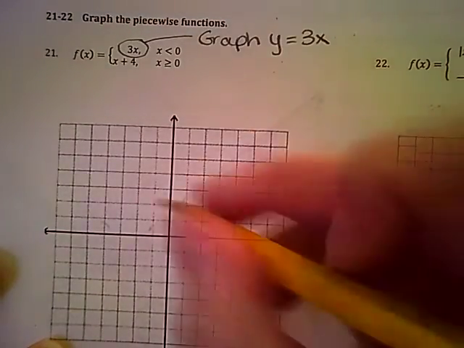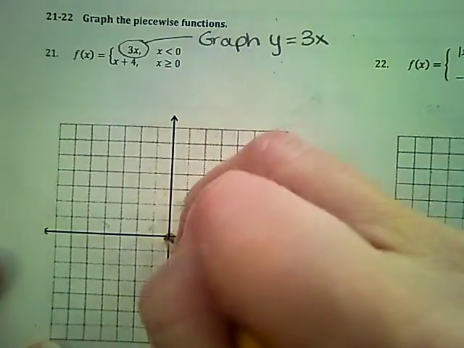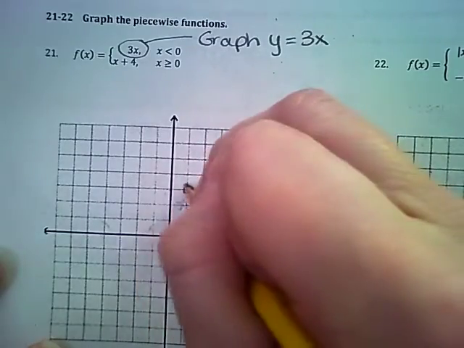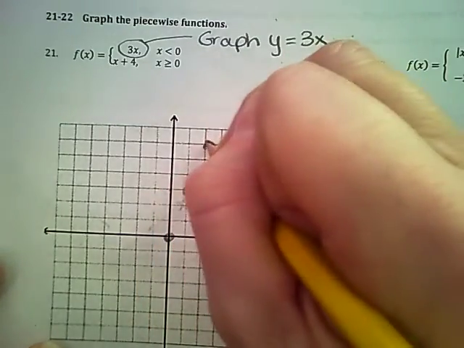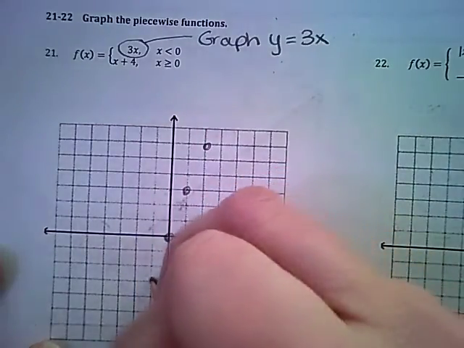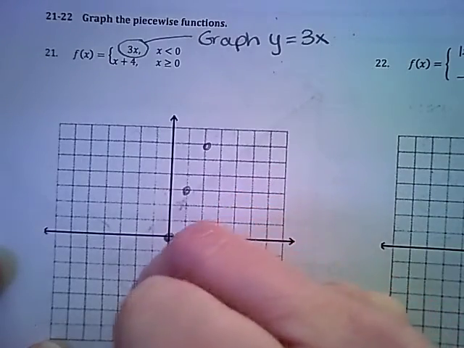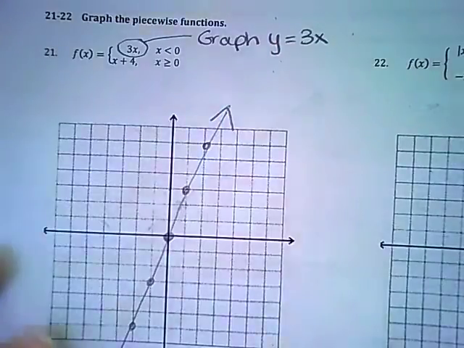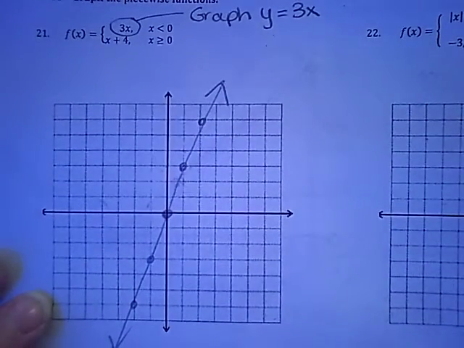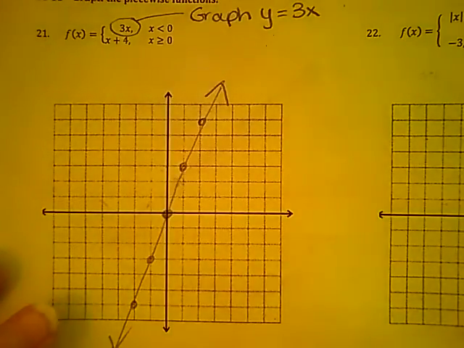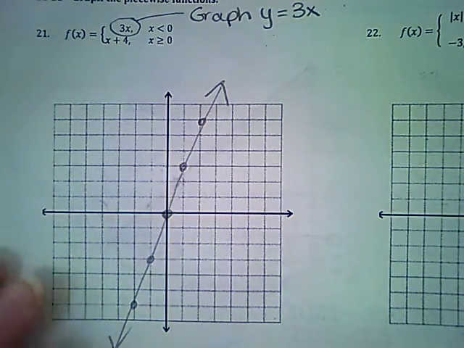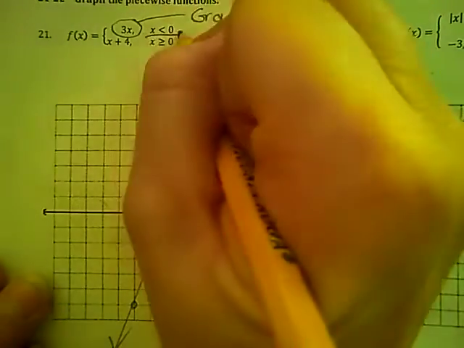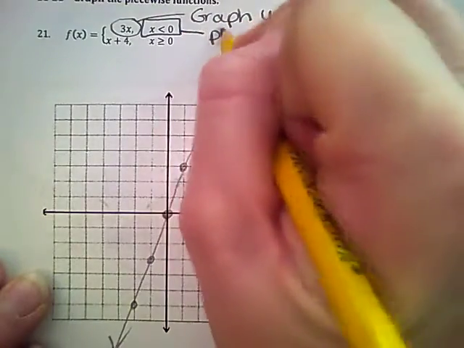So let's just lightly graph that whole line, starting here, up 3, over 1, over 1, down 3, over 1, 1, 2, 3, over 1. So that's the whole line, y equals 3x. We don't want the whole line, y equals 3x. I only want this piece.